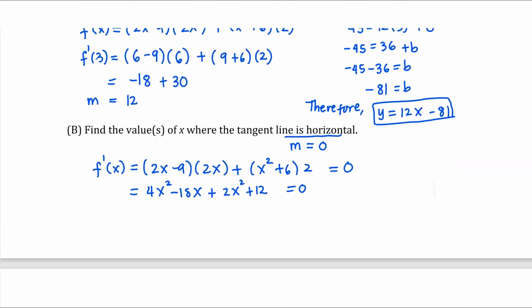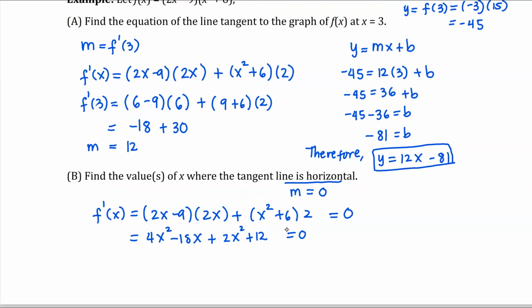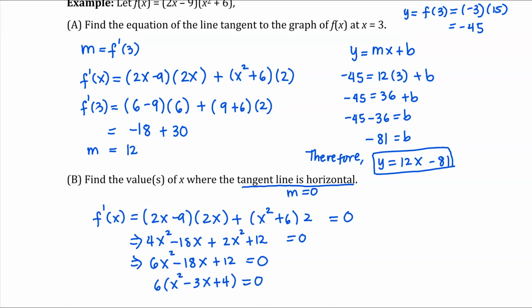Then you combine similar terms, you have 6x squared minus 18x plus 12 equal to 0. And then factor this out. So we have 6 as a common factor. And then we have x squared minus 3x plus 2 equal to 0.